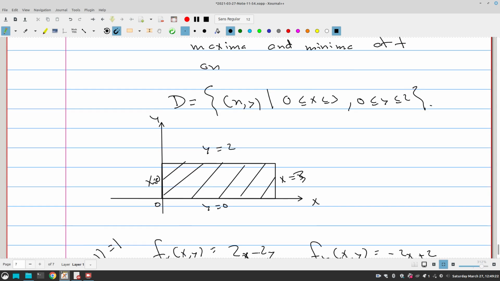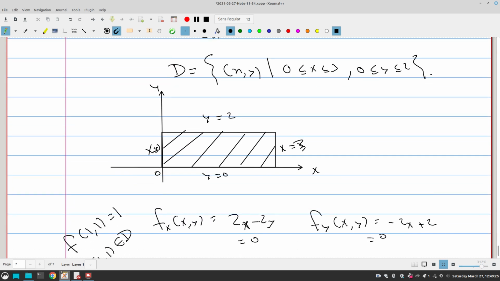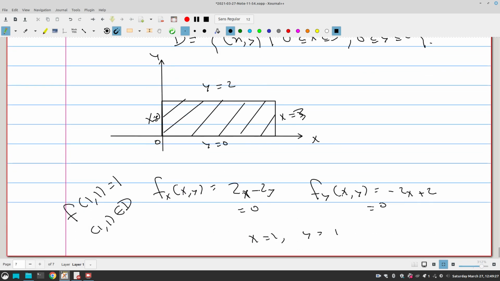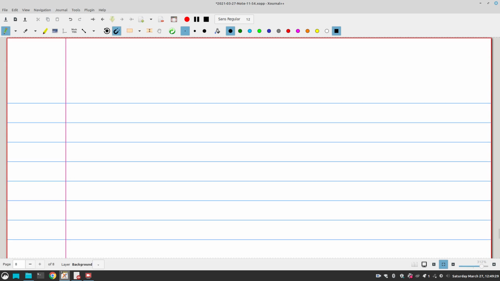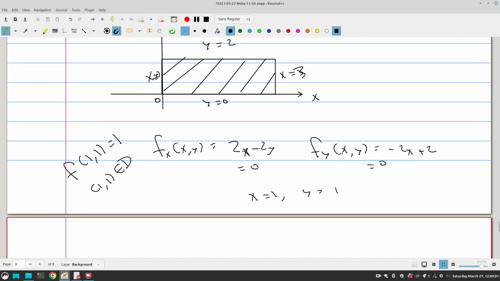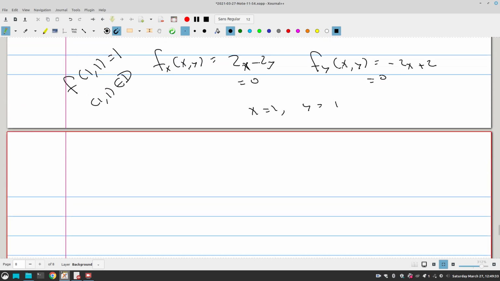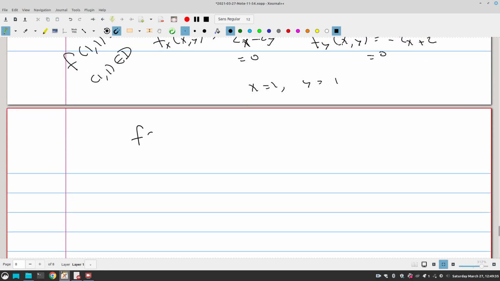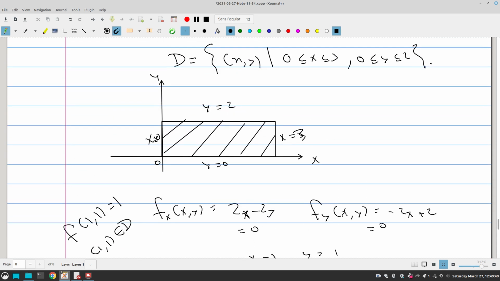If x equals 3, f(3, y) equals 9 minus 4y, for y going from 0 to 2.